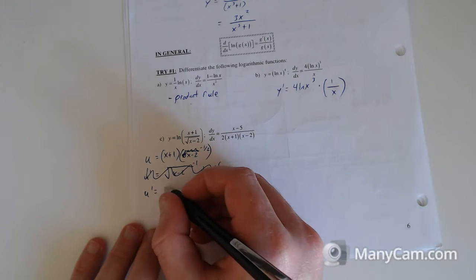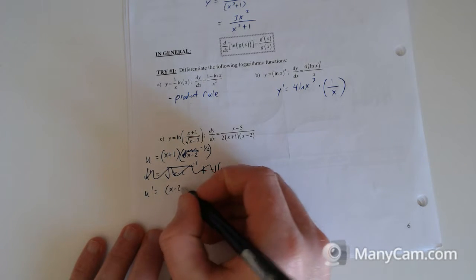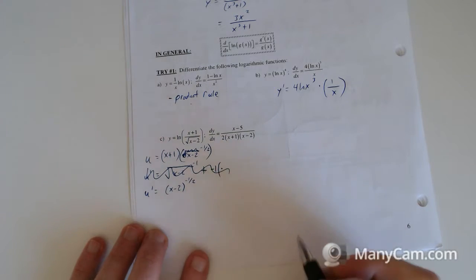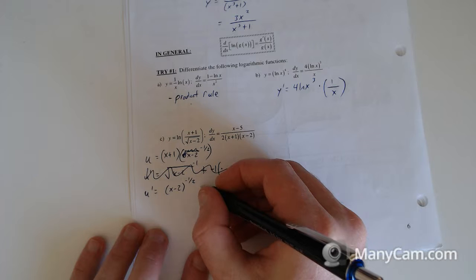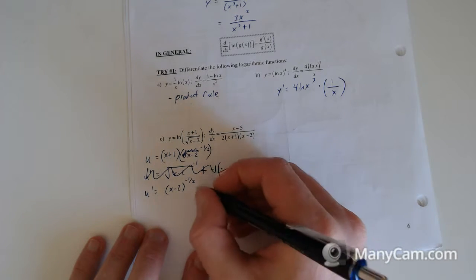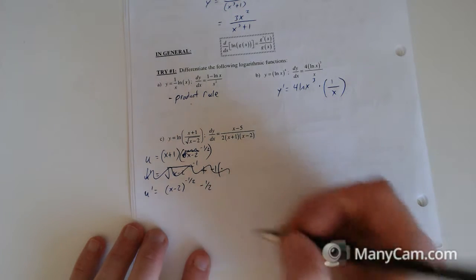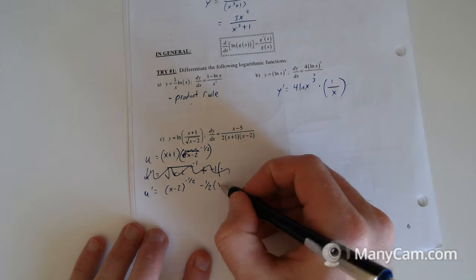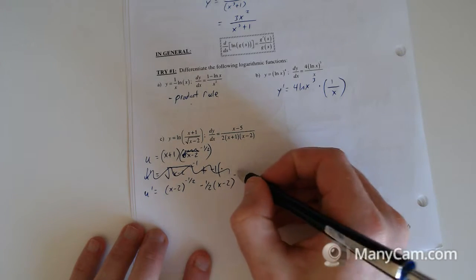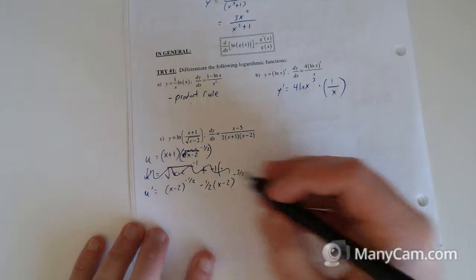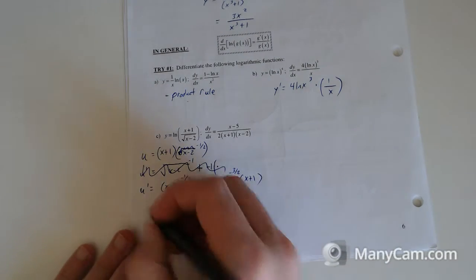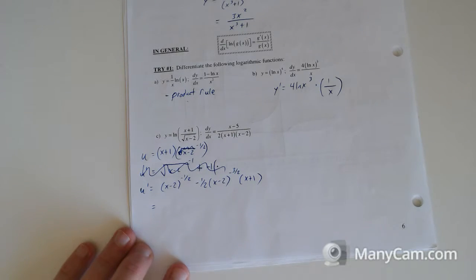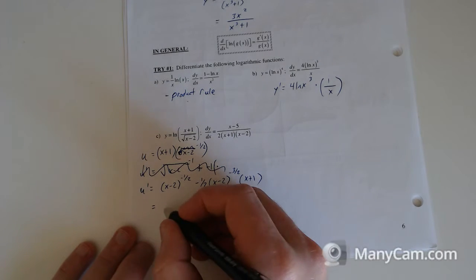Derivative of the first times the second, which is x minus 2 to the negative a half, plus the second, derivative of the second, so plus a negative 1/2 to the x minus 2 to the negative 3/2 times the first. Okay, tidying this up, so we're going to common factor x minus 2 to the 3/2.